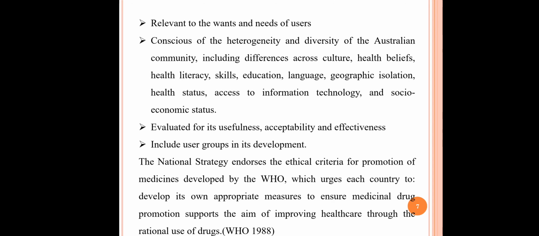The national strategy entails the ethical criteria for promotion of medicines developed by the World Health Organization, which address each country to develop its own appropriate measures to ensure medical drug promotion supports the aim of improving health through the rational use of drugs. World Health Organization, 1988.